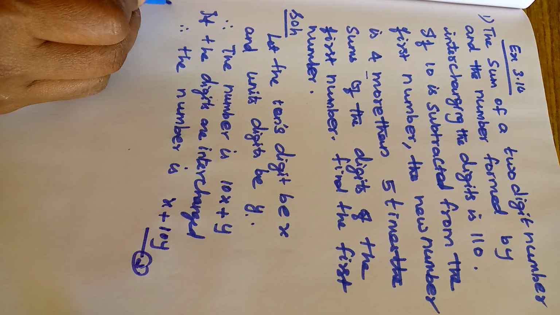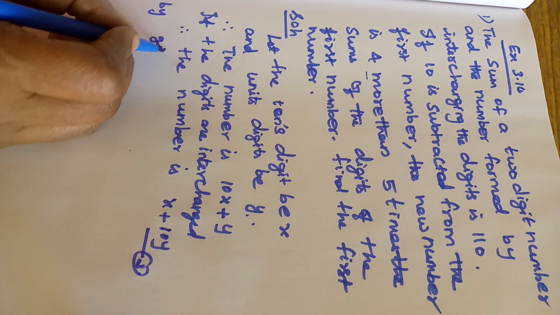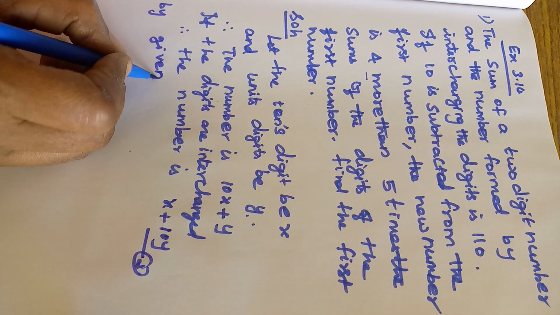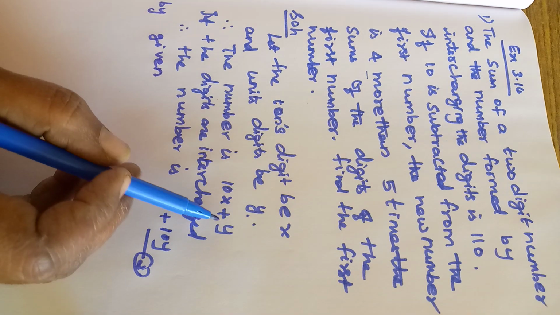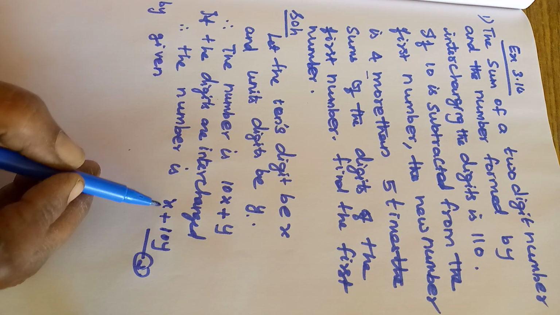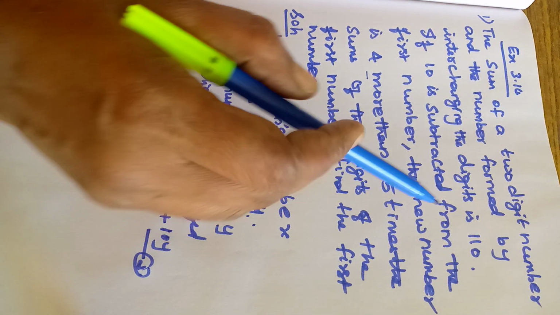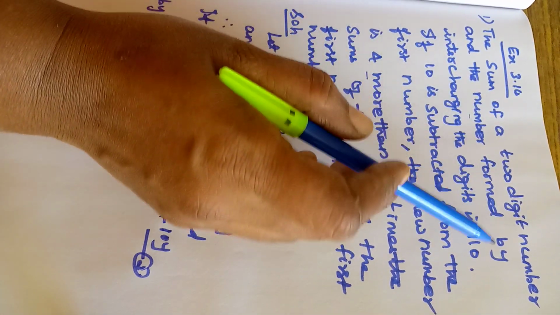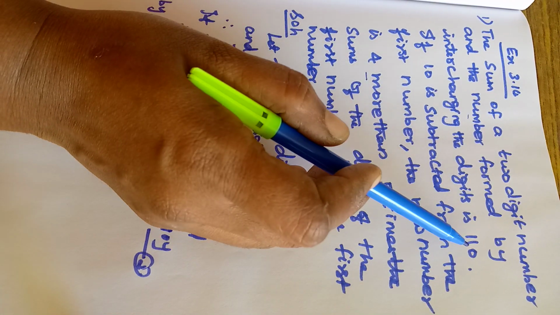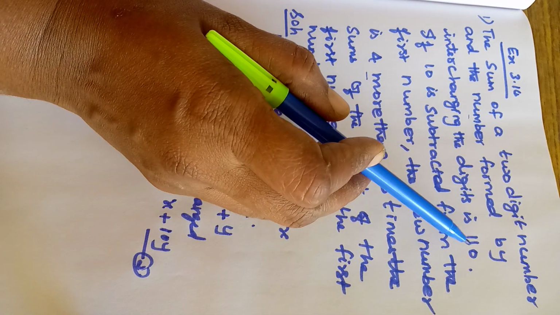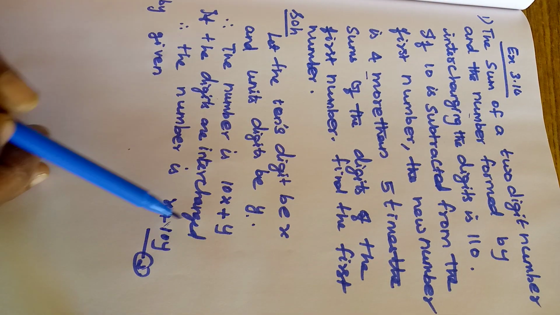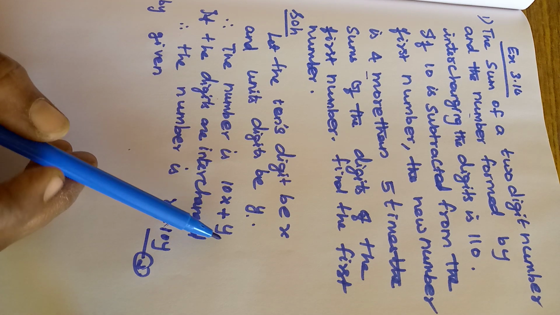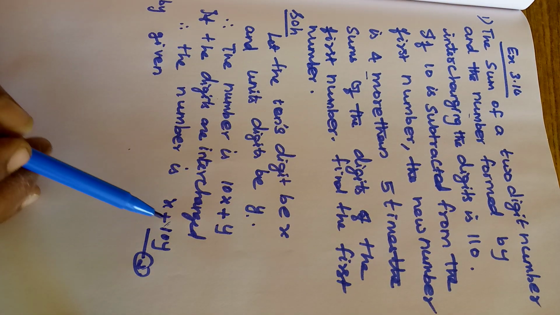From the problem, the sum of these two, 10x plus y plus x plus 10y, is given as 110. The sum of a two-digit number and the number formed by interchanging the digits is 110. First it is 10x plus y. After interchanging it becomes x plus 10y.